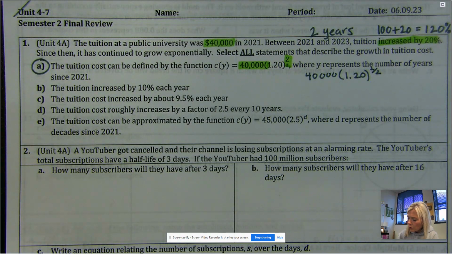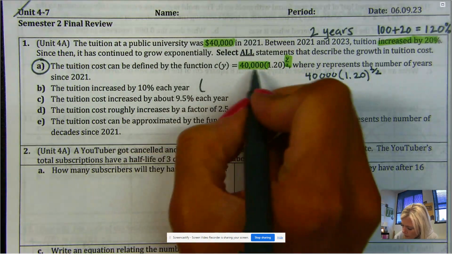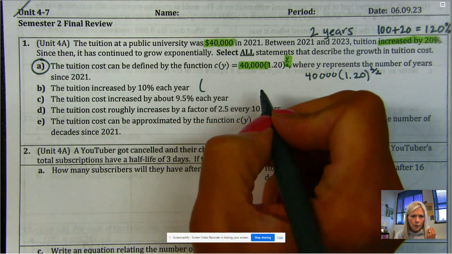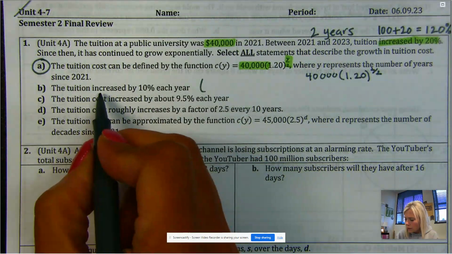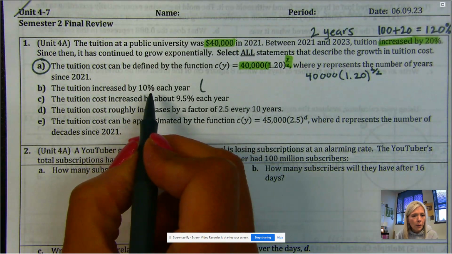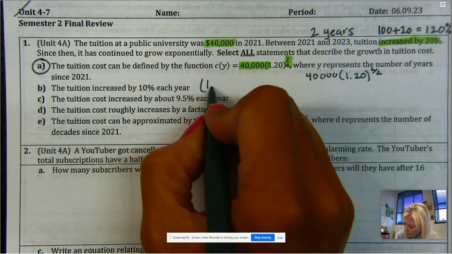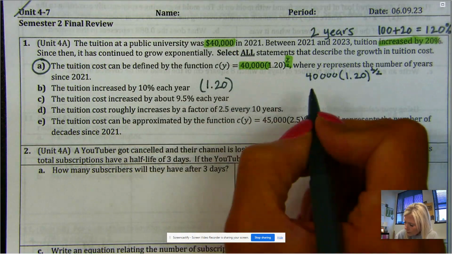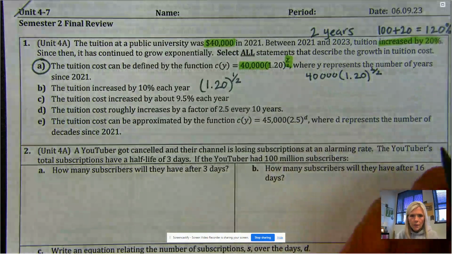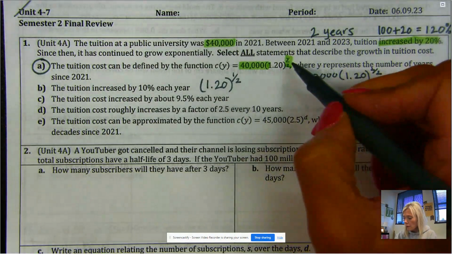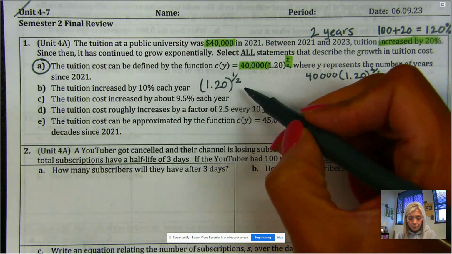So for our factor, I'm going to just ignore the 40,000 for now because I'm really just looking to see the percent it's increasing by. So 1.20, if I do that for 1 year, then I'm raising it to the 1/2, replacing the y with a 1.